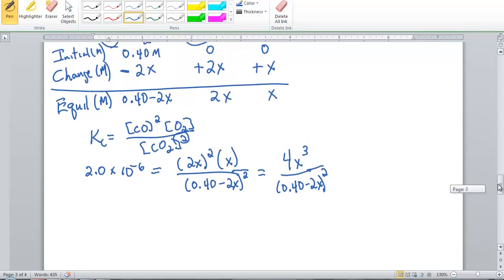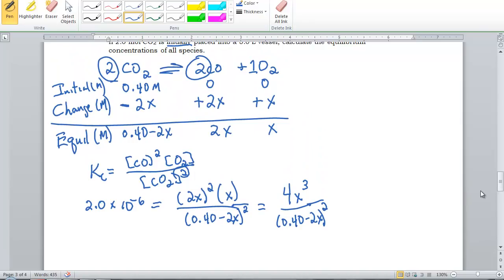So let's scroll back up to our table. We know the magnitude of K. We know it's really small. Reactants are favored at equilibrium, meaning that when we do get to equilibrium, we're going to have almost all reactant, almost no product.